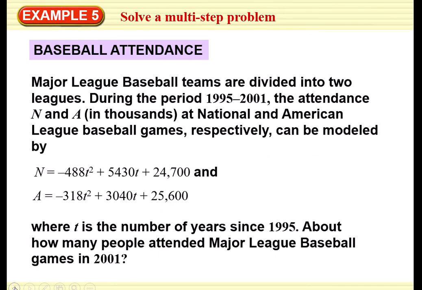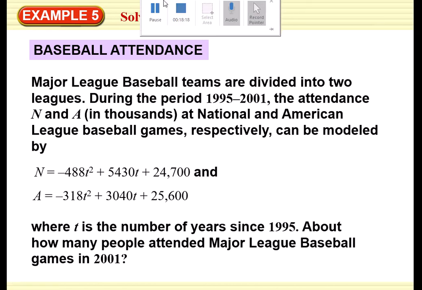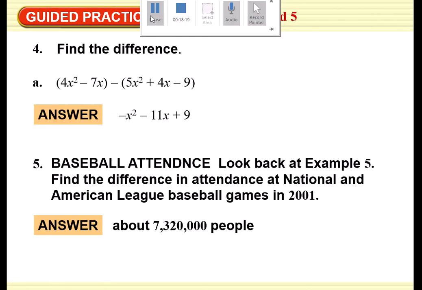So find the difference. Pause the video and find the difference. Alright, and if you worked it out all correctly, you would be at about 7,320,000 people. Alright, so there are about 7.5 million more people that attend National baseball games versus American baseball games.